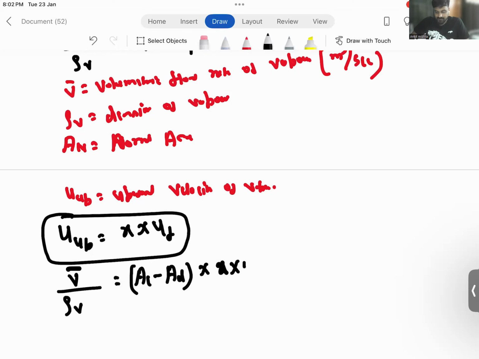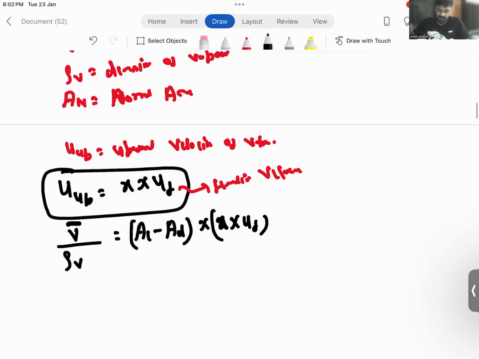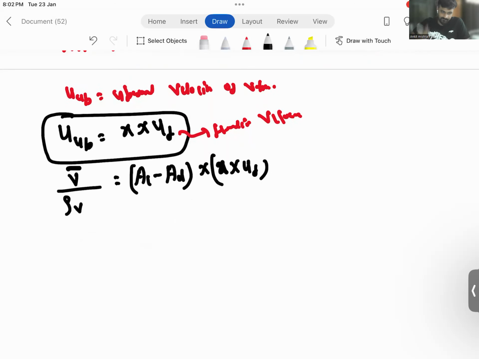So I can write U upward is X into U flooding, right? So UF is your flooding velocity, and we want to calculate the flooding velocity of the distillation column, right? So here you can write AC and AD.